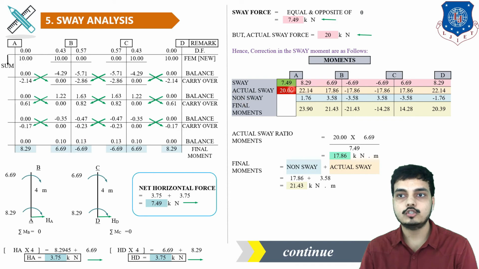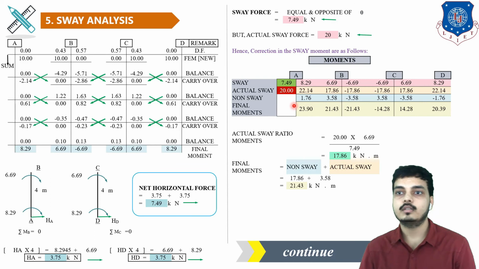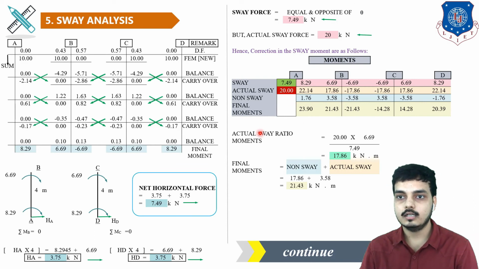Now our actual sway was 20. Our actual sway was 20. So for this we have to find the new moment. How can we find it? We can find it with the help of ratio. I have done it here for you: actual sway ratio moments are 20 multiplied by 6.69 divided by 7.49, which gives 17.86.